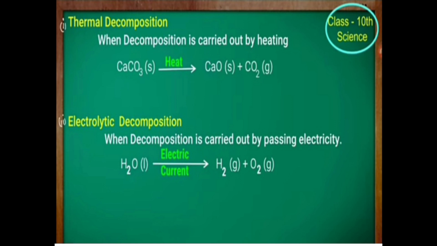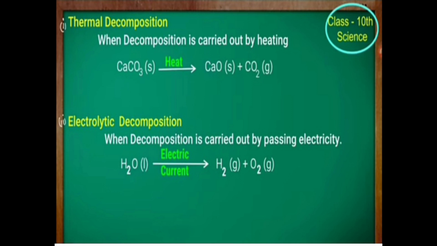As we can see in the example given: CaCO3, that is calcium carbonate, not calcium oxide, which is a solid, in the presence of heat decomposes, splits into CaO, that is calcium oxide, plus releases a gas, that is CO2, carbon dioxide. So in thermal decomposition, the decomposition is carried out in the presence of heat.